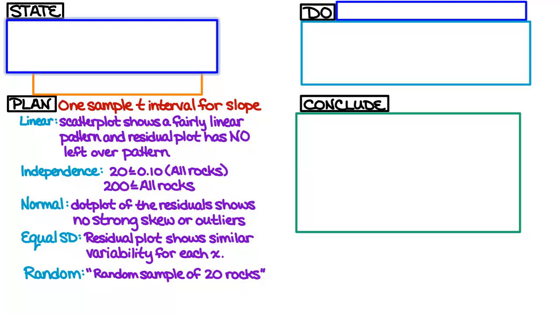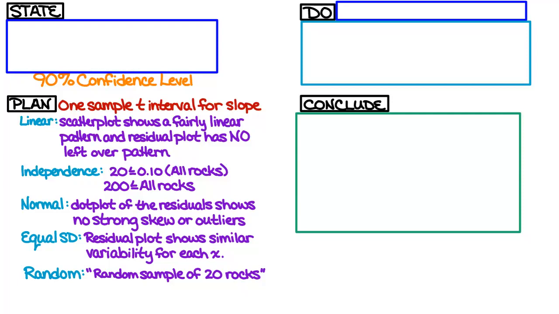Just to do something a little different than normal, let's do a 90% confidence interval this time. How would we define this parameter?